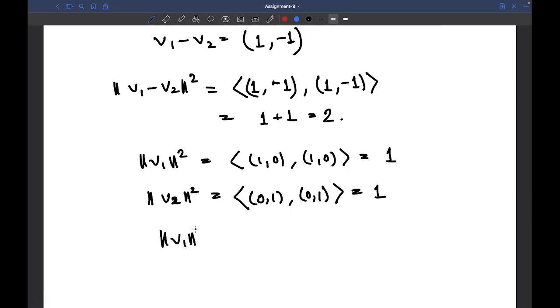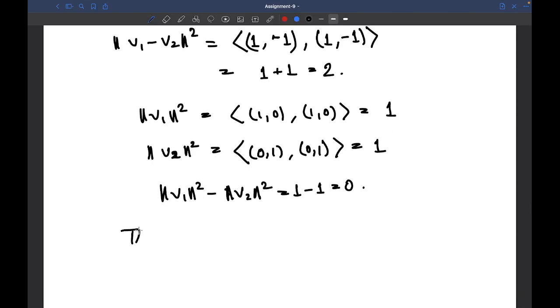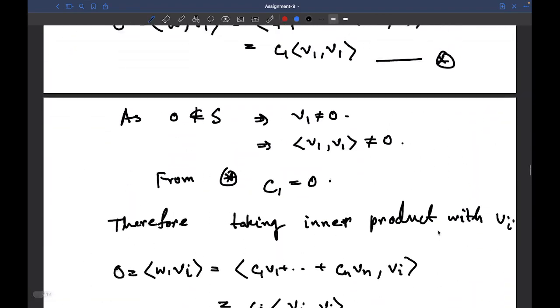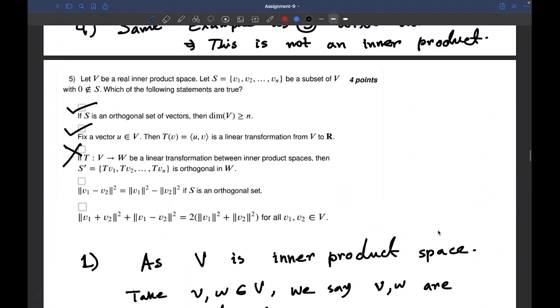So what is norm V1 square minus norm V2 square? This is 1 minus 1, which is 0. So this is not the same as this. Therefore norm V1 minus V2 square is not the same as this, so this is not true. So option number 4 is false.